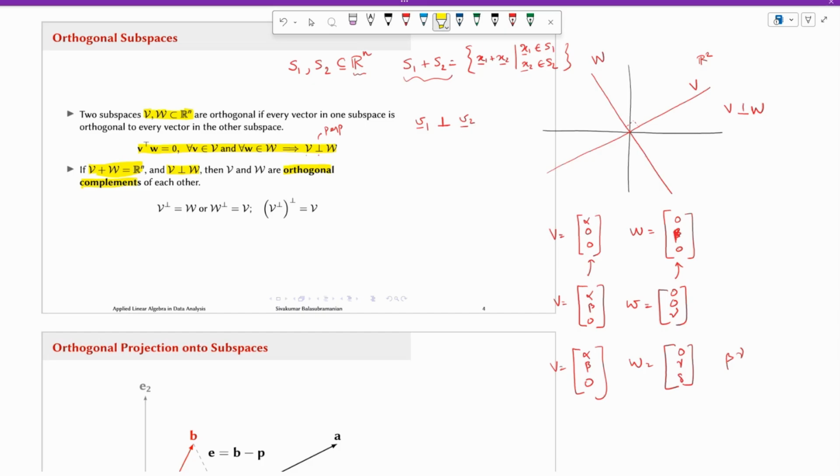Which essentially means that you can get all of Rn from these two subspaces, and they're also mutually perpendicular to each other.